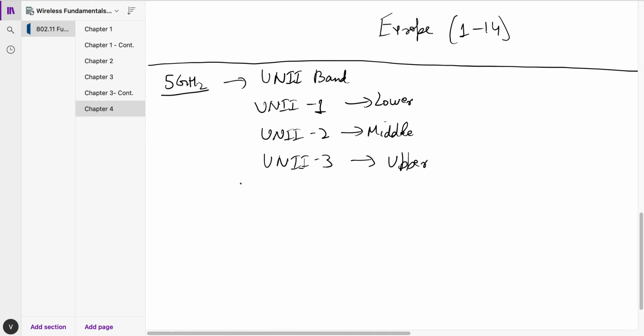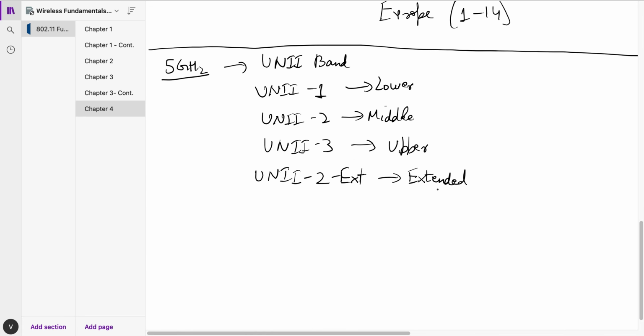We wanted some more bandwidth to send traffic, and hence the government came up with a solution. They gave us a UNII 2 Extended band. So we got four bands, also known as the extended band, to send traffic.